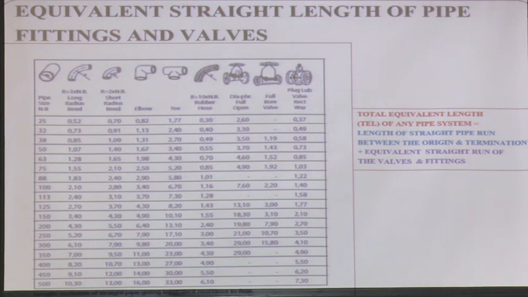So, in this way you can multiply the number of units with the equivalent one and you can come to some length. So, that length when added to the main pipe length becomes the total equivalent length, TEL. Total equivalent length TEL of any pipe system is the length of the straight pipe run between the origin and the termination plus the equivalent straight run of the valves and fittings.